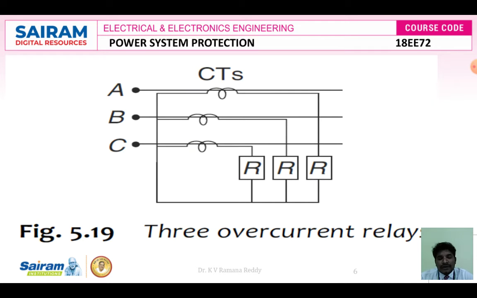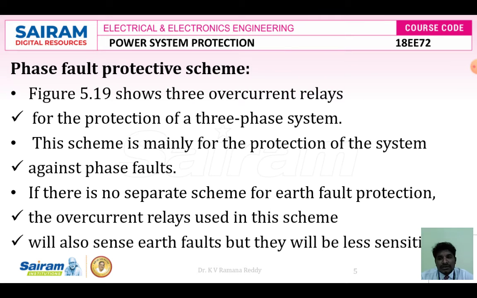Here we look at the 3 overcurrent relays connected individually for the 3 phases A, B, and C. In the phase fault protective scheme, these 3 overcurrent relays protect the 3-phase system mainly against phase faults, meaning LG fault, double LG fault, double L fault, and triple L fault.